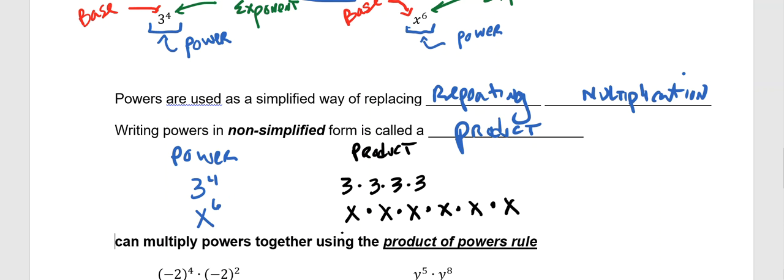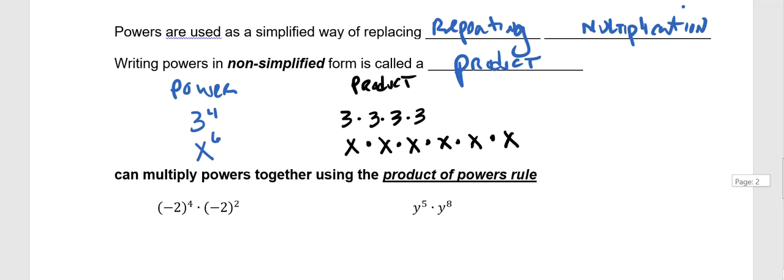So the exponent tells us that there are 6 of these bases being multiplied together. The power is a simplified way, made up of a base, the big number, being repeatedly multiplied, and the exponent telling us how many of those bases are being repeatedly multiplied. The product is the non-simplified, inefficient way of writing it.